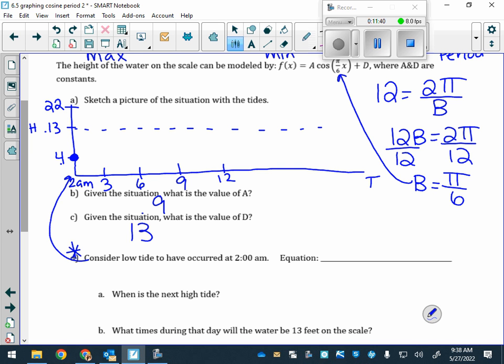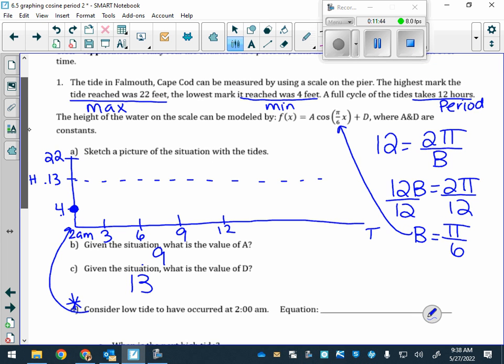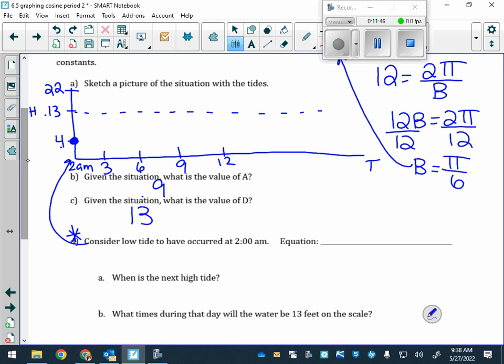Well, if low tide is 4 feet, then our A value must be what? It's talking about A. You remember the cards? The cards were able to give you either positive or negative, right? So the A value would be negative, and we could put right next to it, the amplitude is the positive 9.